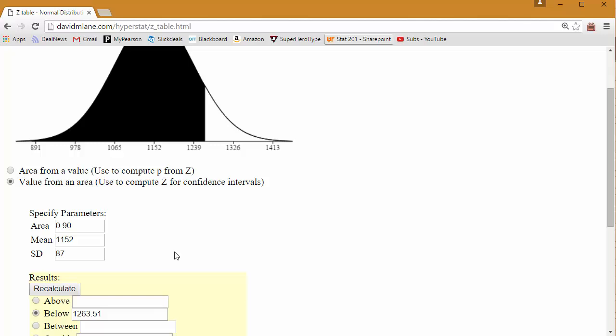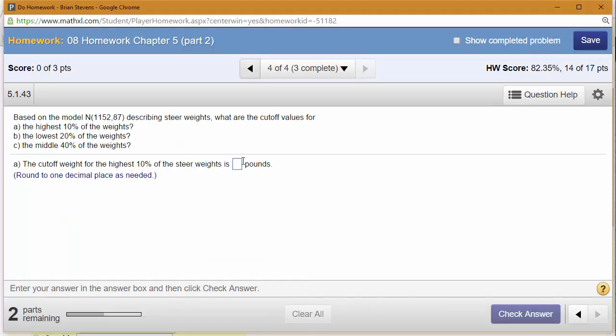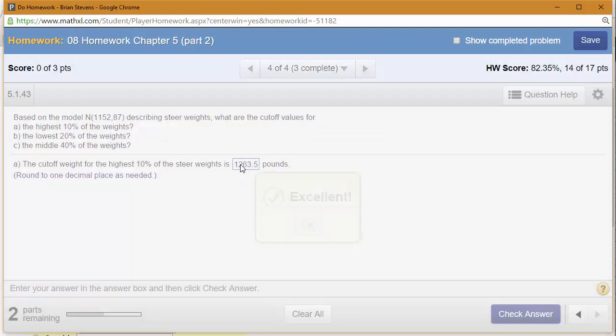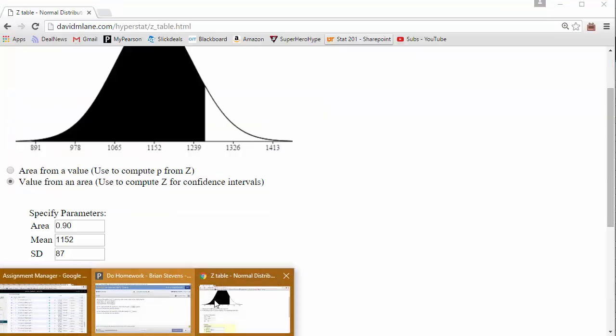Lots of ways to display it, and you should become familiar with how we can display things here, because it might look different on the test. This could show the highest 10% because it's showing the lowest 90, or as we'd call it, the 90th percentile. So the answer is 1264 rounding up. I think this asks for whole numbers. There it is, 1263.5.